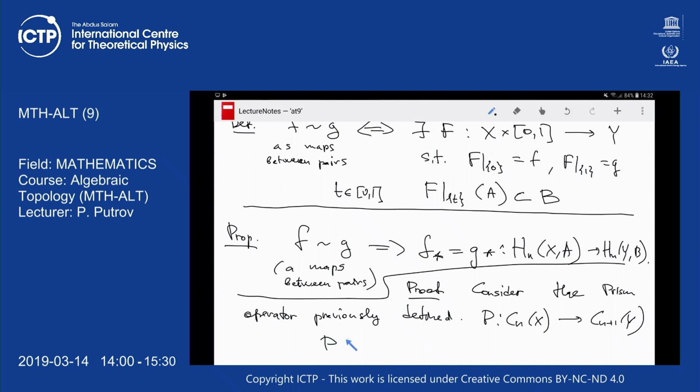And again, it's easy to see. If we take a subspace of Cn of X, which is Cn of A, so I consider singular simplices which map inside A, the image of the subspace under the action of the prism map will be inside Cn plus 1 of B. This will follow from the condition that F satisfies this property, because the prism map uses essentially composition of F with a singular simplex map.